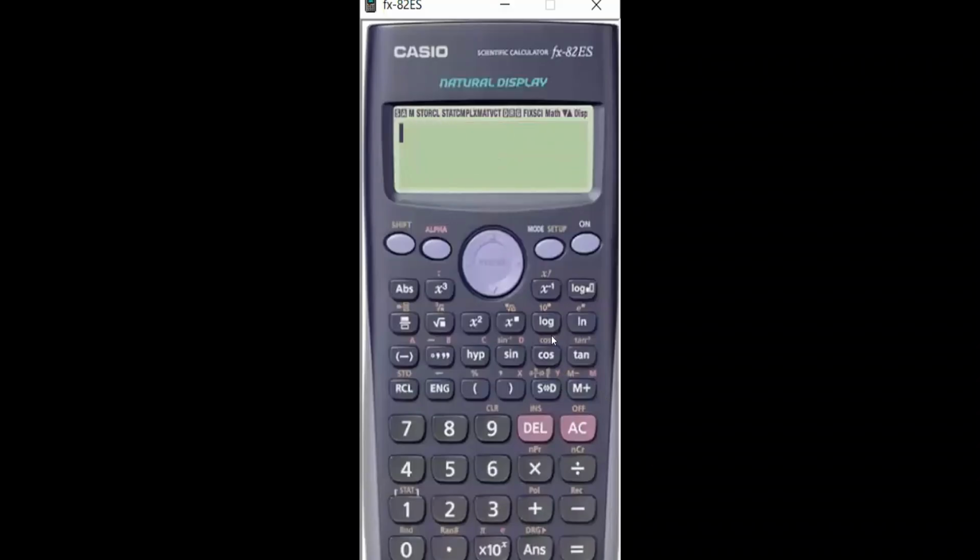See there now? Log 32 divided by the log of 2. Oh, I didn't close the log bracket. They're so strict. 5. So that's the answer. The answer works out to just be 5.